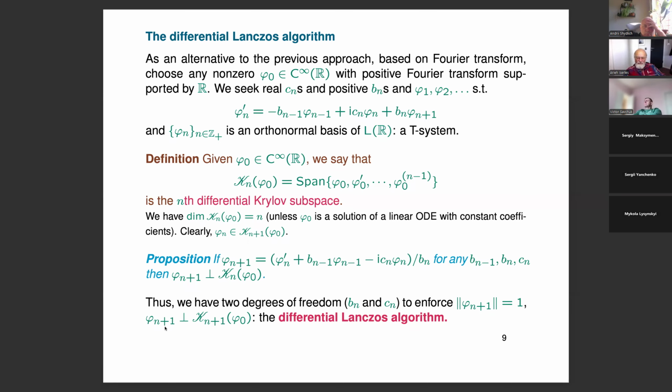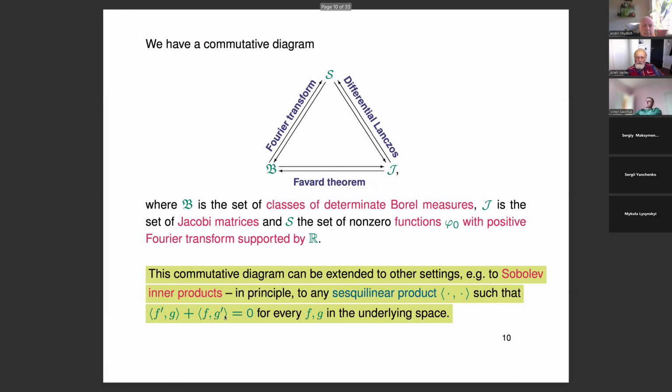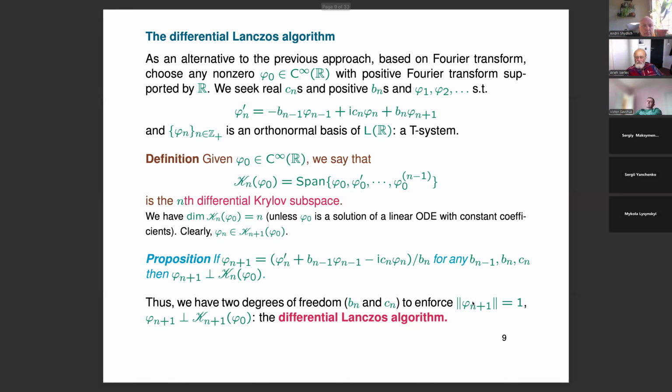We enforce them, it is an easy formula, and this gives us what we call the differential Lanczos algorithm, which is complete. It is identical to the standard Lanczos algorithm from numerical algebra, which is applied to matrices and to vectors.